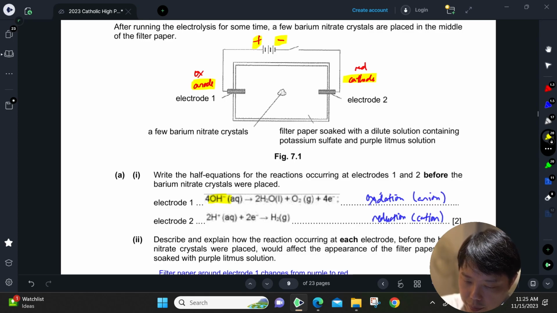You can memorize this equation. Then for the cathode, you will have the H plus, also from the water, being reduced to hydrogen gas. So you need to remember these two reactions. It is going to be useful when you have electrolysis of any dilute solution, except those involving copper.